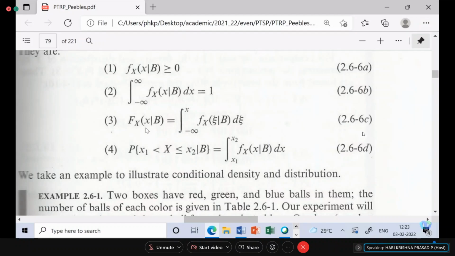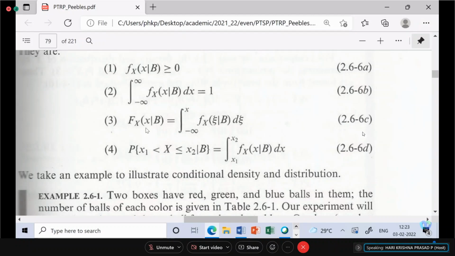Whenever you find the area under the density function from minimum to maximum value, you will get area of 1. That is from property 2. If you find the area under the density function from minus infinity to a specific value of the variable, you will get the value of the distribution function. That is property 3.